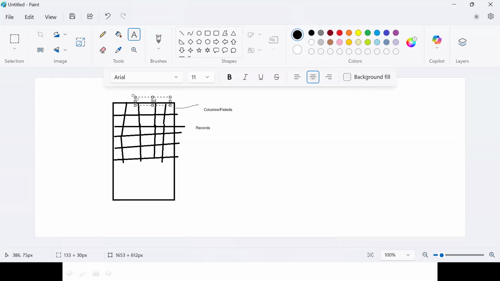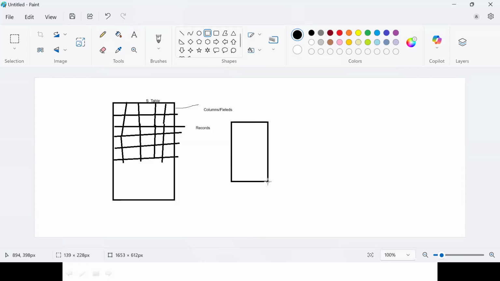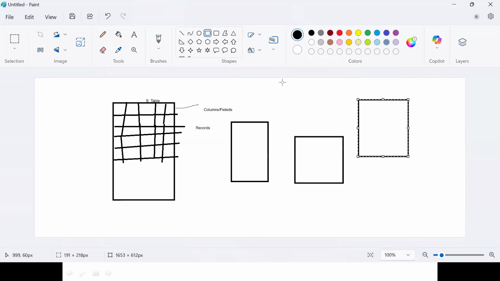This is the school information table. Instead of keeping everything in one table, they divided it into multiple: this is a student table, this is a teacher table, this is account-related information, and this is staff information.